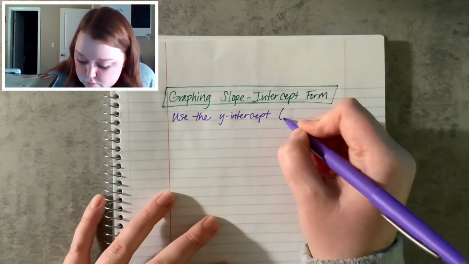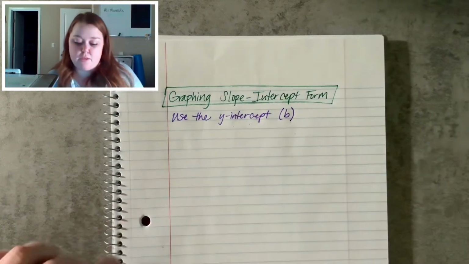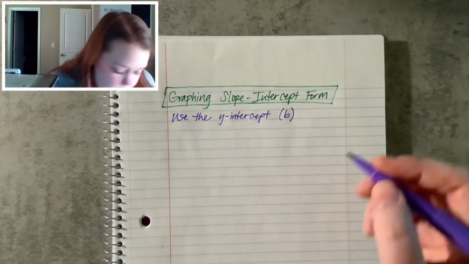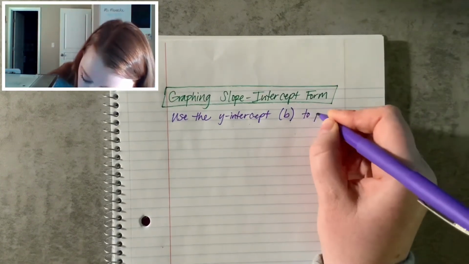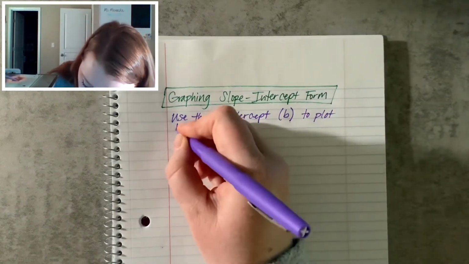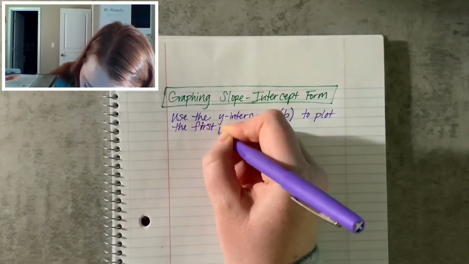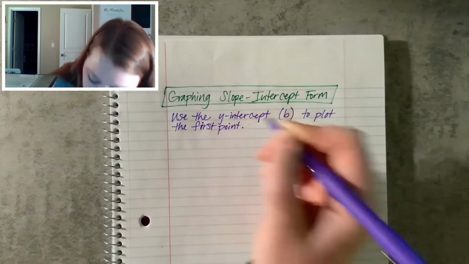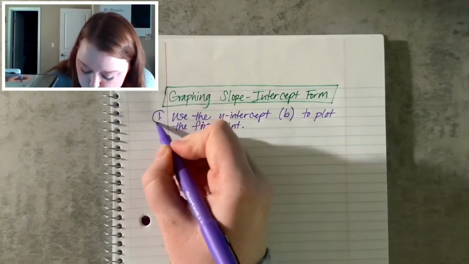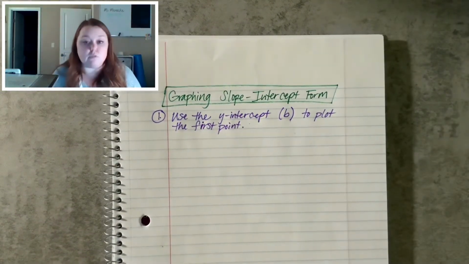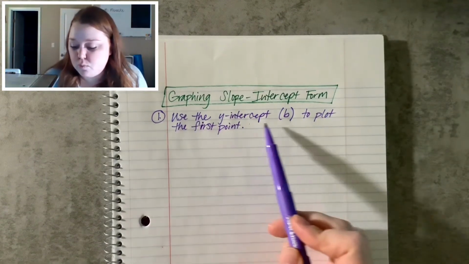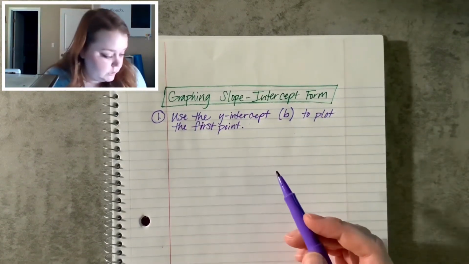It's the B value, so maybe put that here. Use the y-intercept to plot the first point. And these are steps, so if you want to make it like a step 1, step 2, I think that's a good idea. So use the y-intercept to plot the first point.